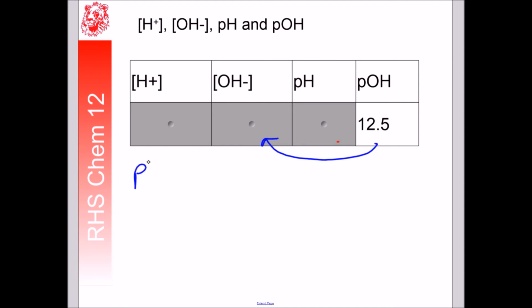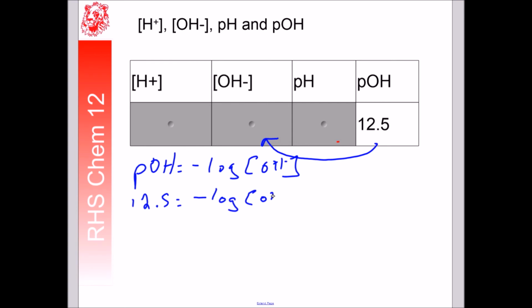And so my pOH is equal to the negative log of the concentration of OH minus. 12.5 is equal to the negative log of the concentration of OH minus.